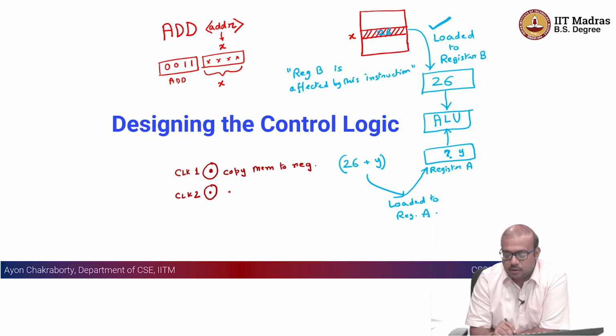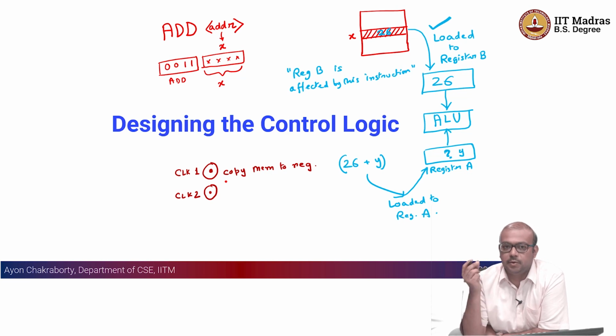In the next clock pulse, what is going to happen? After the finishing of clock 1's trigger, the sum is calculated. You do not have to give a clock input to the ALU, because it is a combinational circuit. As long as it has the inputs available, the output is already computed. So, while you are executing clock 2, the result of addition is already there, because the ALU has full adders.